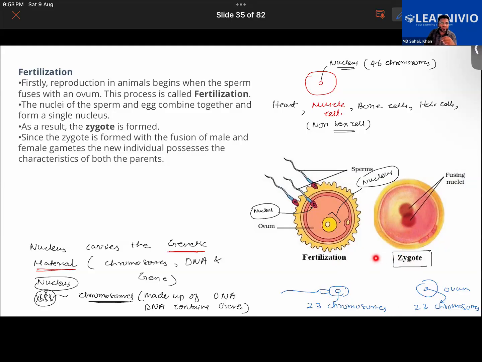Sometimes it's seen that if the father, suppose, has curly hair, it's possible that the children may have or may not have. Even if both the parents have curly hair, the child may not have curly hair. Let's suppose the grandparents did not have curly hair.